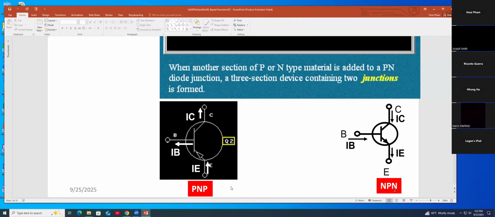And PNP, you can see the current IB leaving, IC leaving, IE coming in. So basically, you know this is just a diode, from the base to emitter, just a diode.